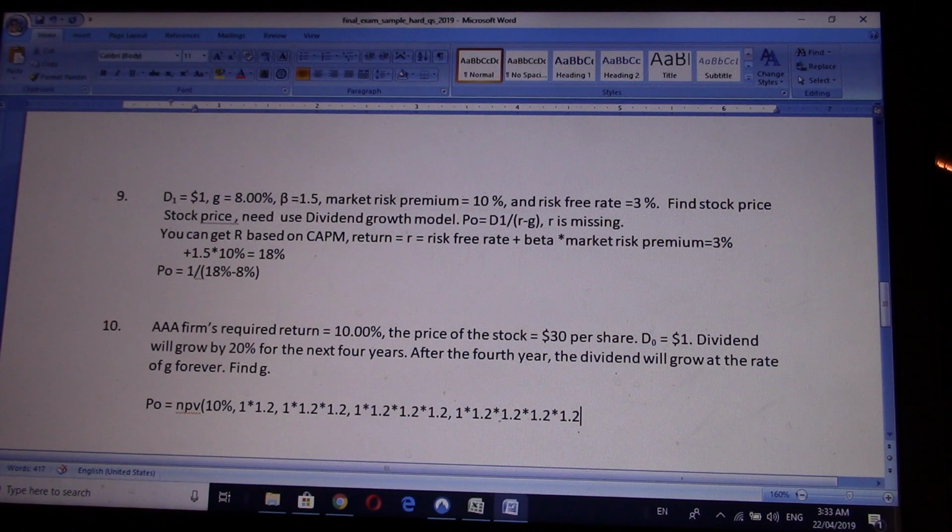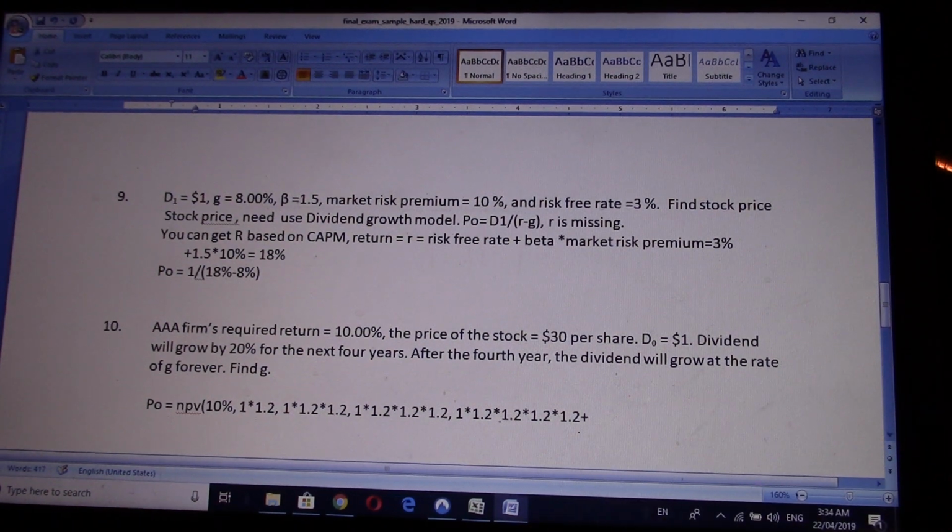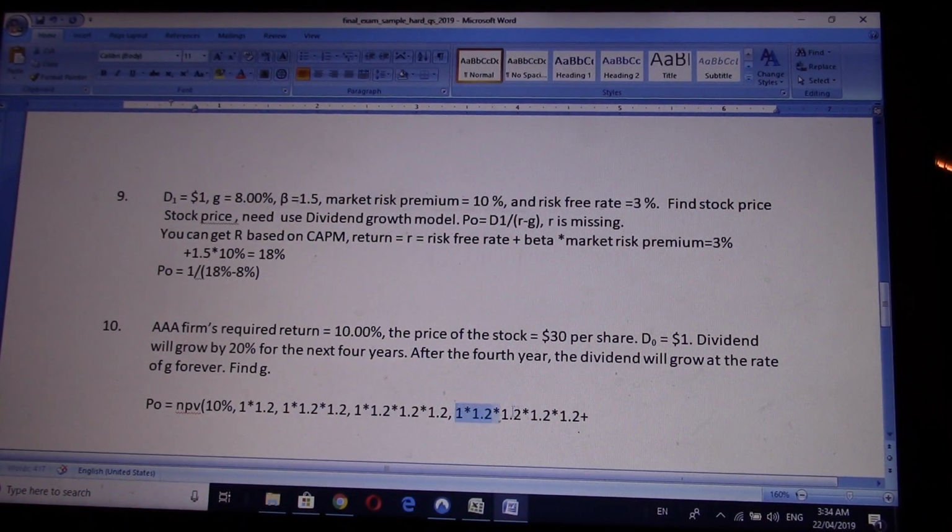This is your year 4's dividend. But after year 4, you'll be selling the stock for some price, because the dividend will be growing at the rate of G forever, and you can figure out how much it is with everything given, even though we don't know G.